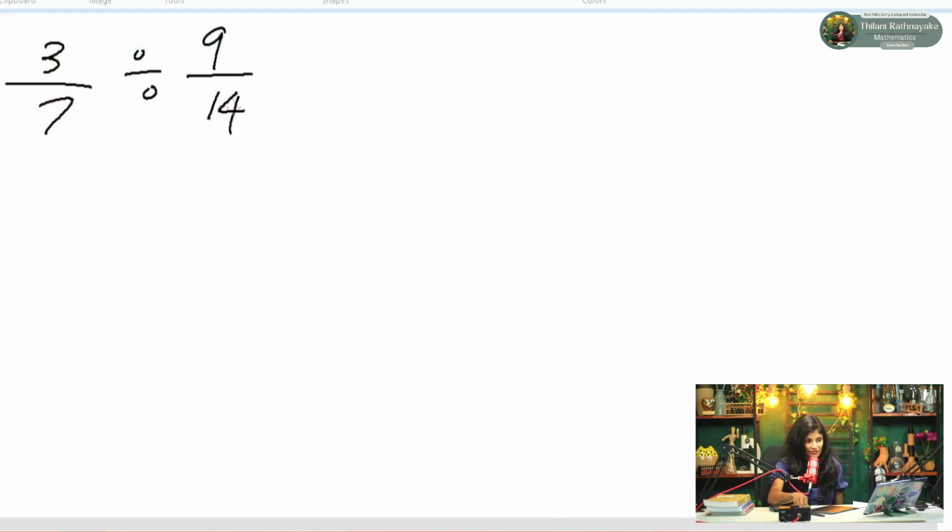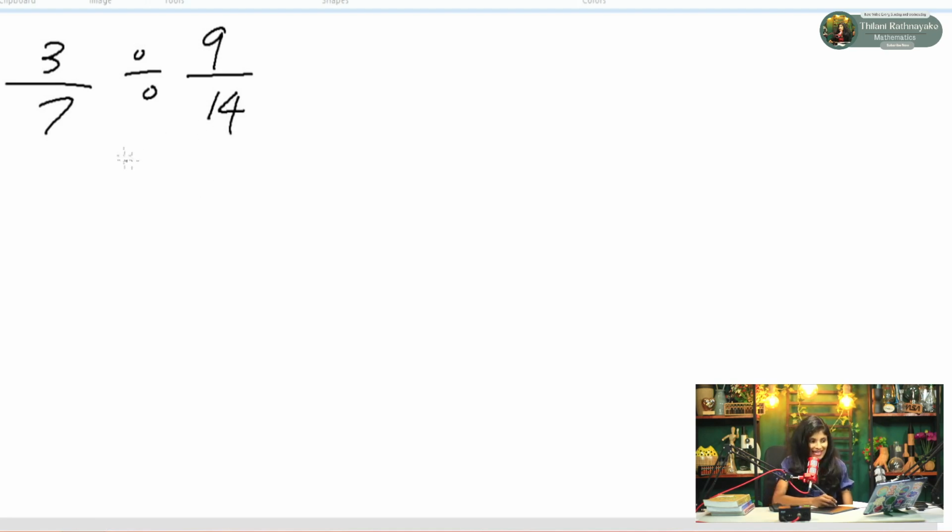And this is my first question, that is 3 over 7 divided by 9 over 14. So first of all what we have to do here is convert this division sign into a multiplication sign. But you can't just do that. You can convert the division into a multiplication by taking the reciprocal of the second number.